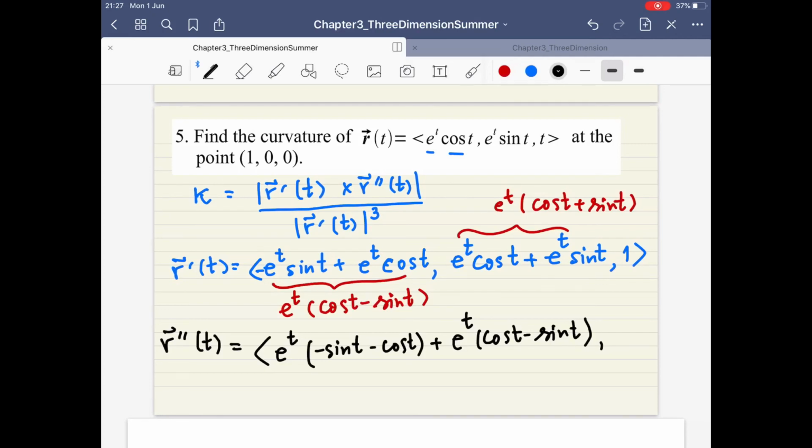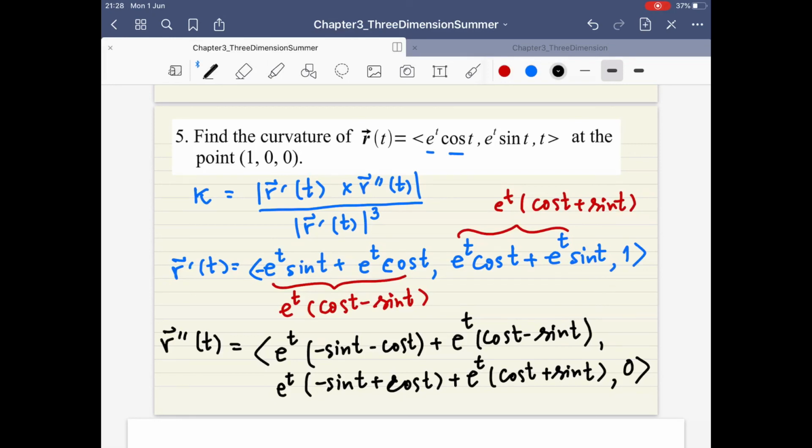The second term, the first derivative of the second, so minus sine and cosine, plus the second derivative of the first, which is e again, and then the last component, you get 0.